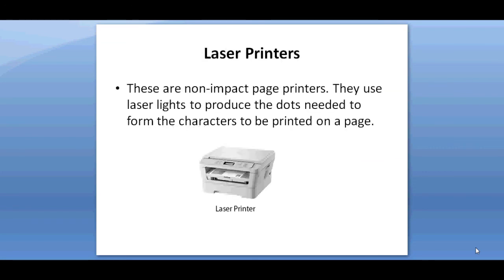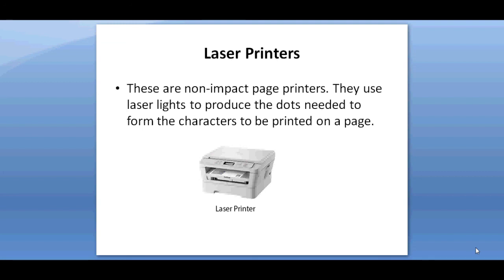Laser printer. A laser printer works like a photocopy machine. Laser printers produce images on paper by directing a laser beam at a mirror which bounces the beam onto a drum. The drum has a special coating on it to which toner sticks.